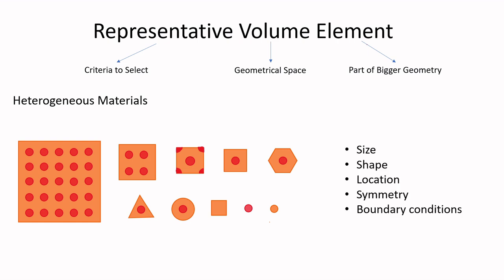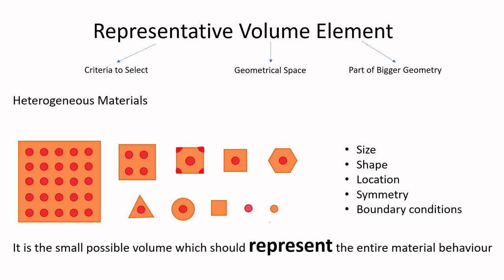So by this we can say that the representative volume element is affected by its size, its shape, the location where it is chosen, the symmetry, and the boundary condition applied over it to compute the mechanical properties. So in short, it's the smallest possible volume which should represent the entire material behavior.